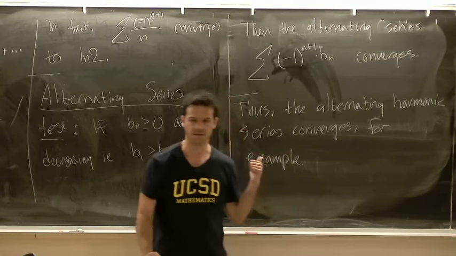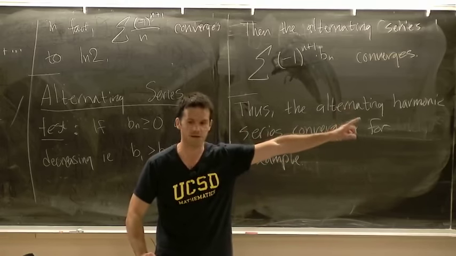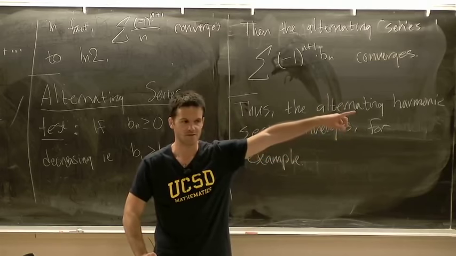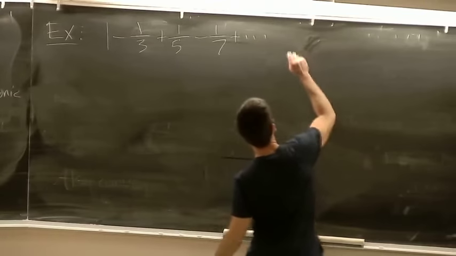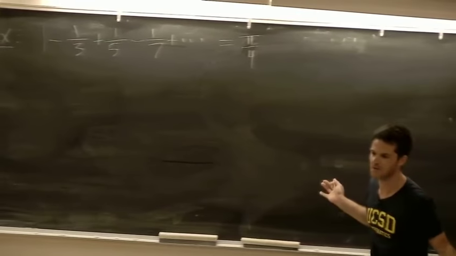I assigned as an extra credit homework problem to show exactly what it converges to. Anyone know? This adds up to pi over 4. Another crazy series formula for pi.